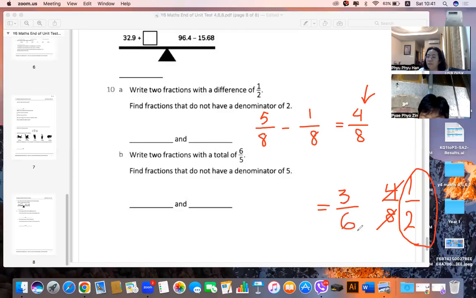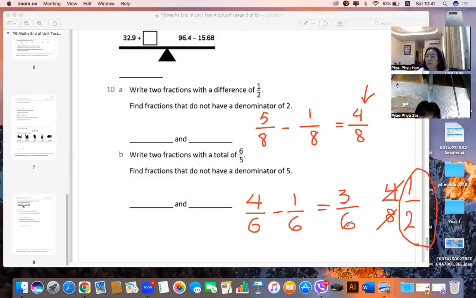When you make 3 by 6 into its simplest form, it will also be 1 by 2, right? In this case, what is your fraction here? It's 4 by 6 minus 1 by 6, and you will also get 3 by 6, right?